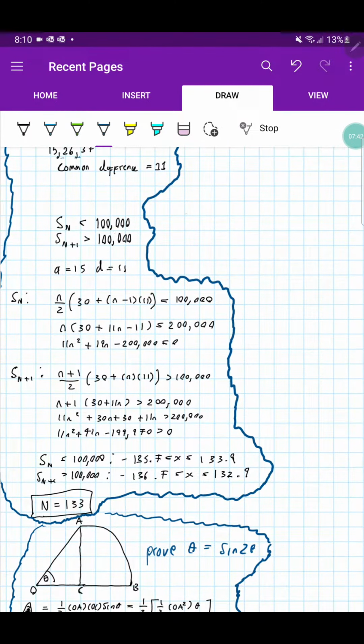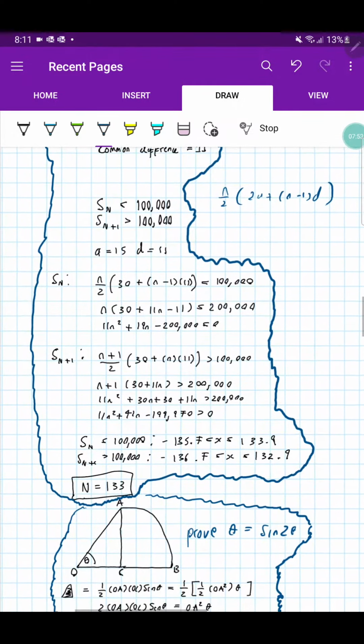Now with this one, we're going to use the formula n over 2 bracket 2a plus n minus 1 multiplied by the common difference. So if we do that, we get n over 2 bracket 30 plus n minus 1 multiplied by 11, and then that's all less than 100,000. And then we do the same here.